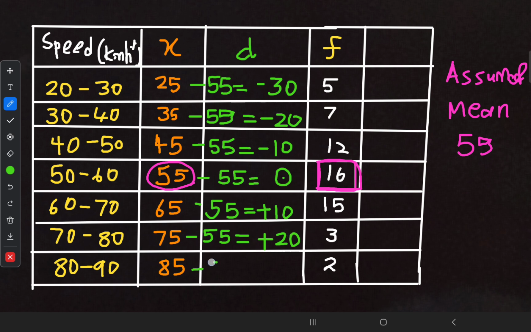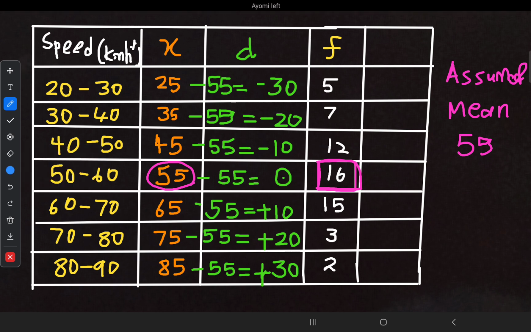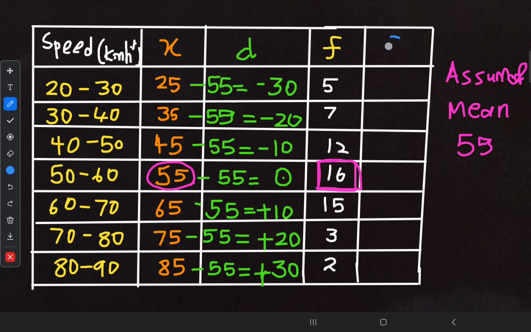Finally, 85 minus 55 will give you positive 30. We completed our deviation column.